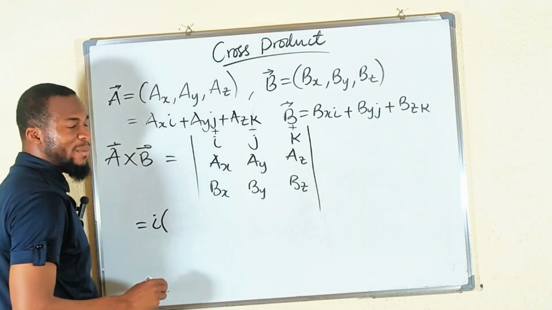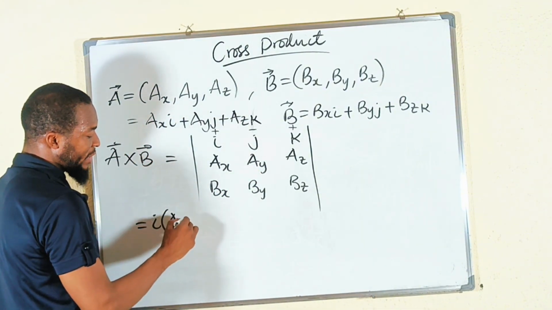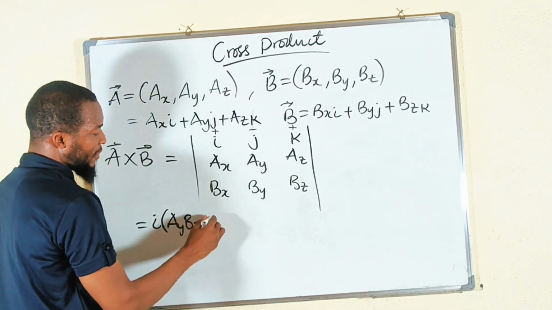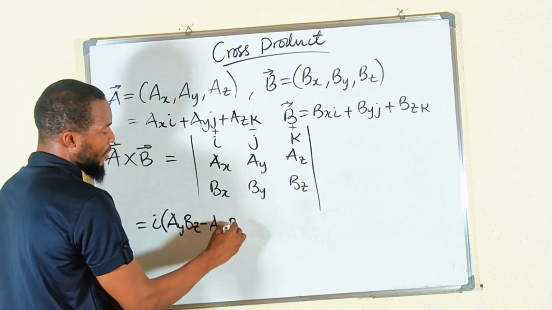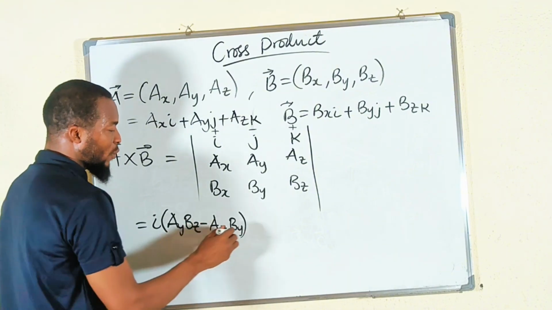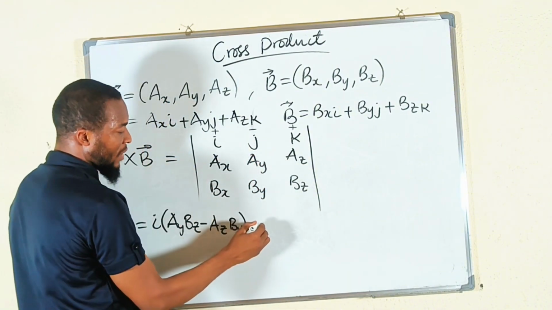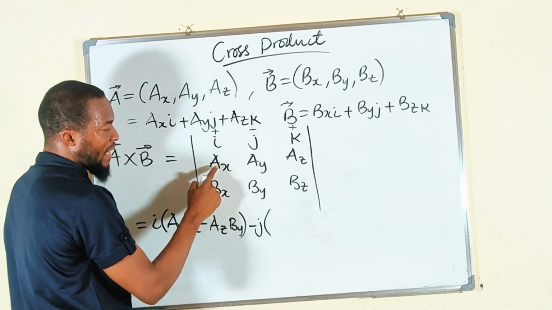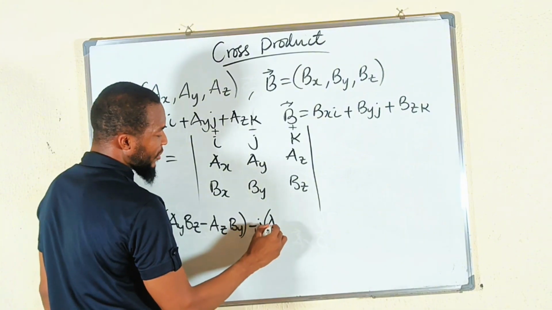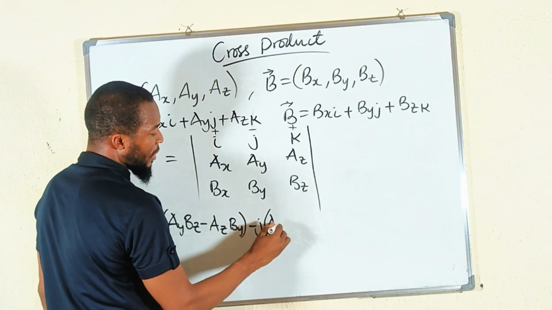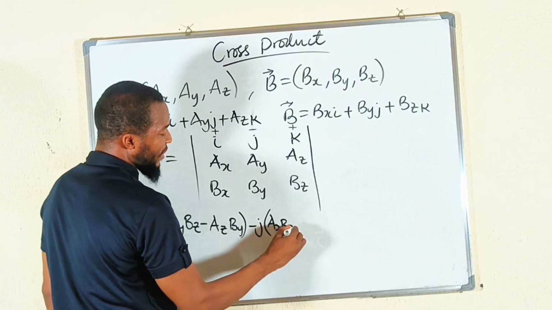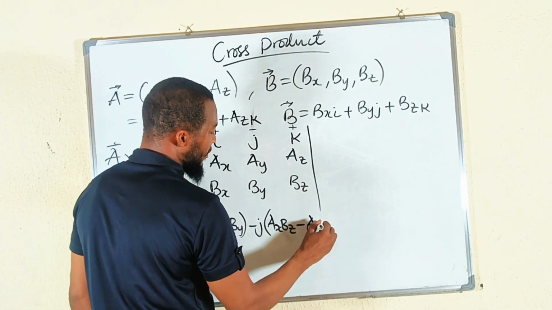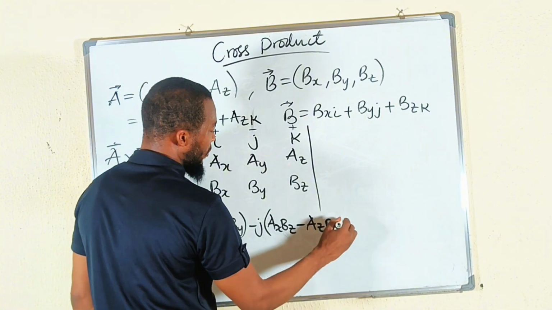That is A sub y times B sub z, minus this times that, that is A sub z times B sub y. You are done with this one. Then minus j. Open a bracket, close this, close that. You still have A sub x times B sub z minus B sub x times A sub z, all the same.